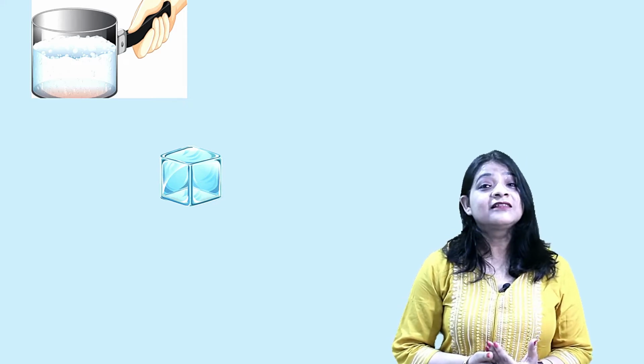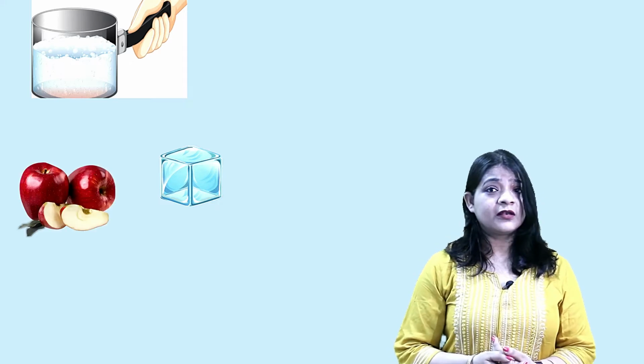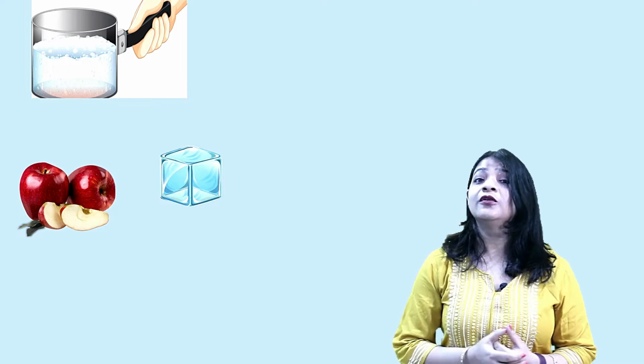When we consider melting of ice, the solid form of water in the form of ice gets converted into liquid form of water. When we consider cutting an apple into several pieces, the identity of the apple is not lost.